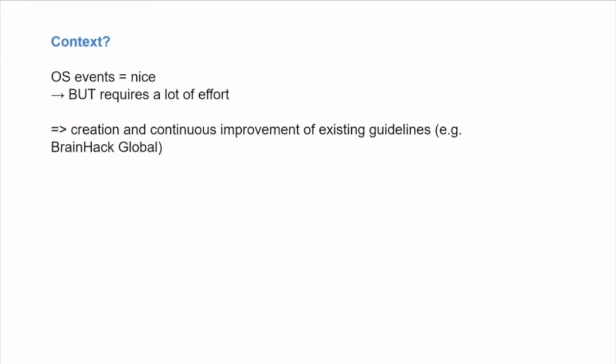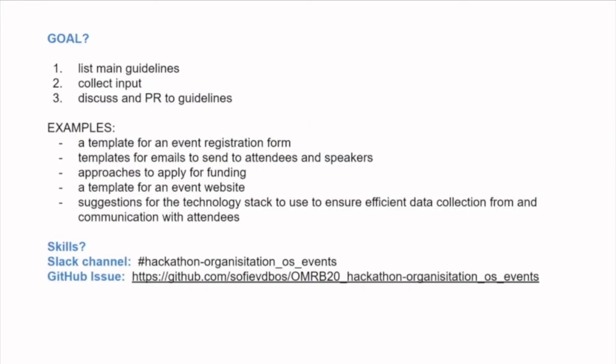The idea is to integrate things that we have used before, that we thought were nice or helpful, into existing guidelines, by first listing guidelines, such as the Brain Hack Global guideline. We collect input in a Google Drive document, then discuss them and maybe also implement them on GitHub repos.